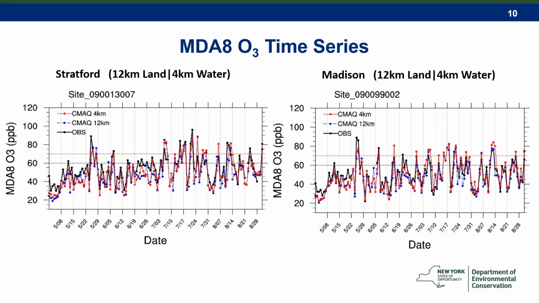In July and August, CMAQ at 4 km performed a little bit better than the 12 km simulation during the low ozone days. On average, CMAQ simulations at 4 km resolution did not get worse over monitoring sites that were defined as water at 4 km resolution. However, those sites were defined as land at 12 km resolution.